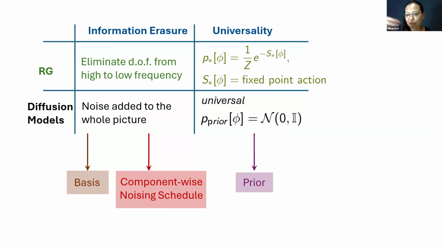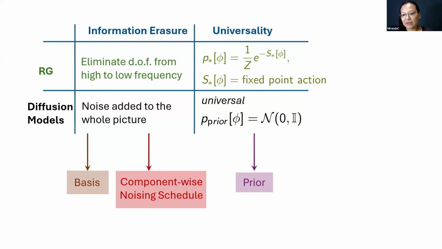In between that, you renormalize your couplings and so on. So why not also give the diffusion model this degree of freedom to tune the level of noise at a given time for a given component? It can be a pixel or whatever, depending on the basis you have chosen.